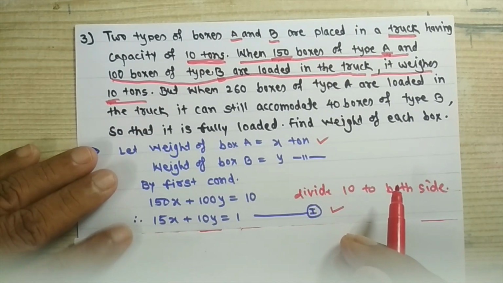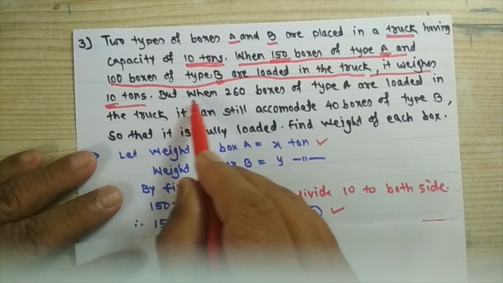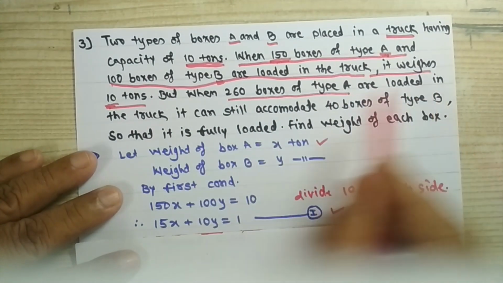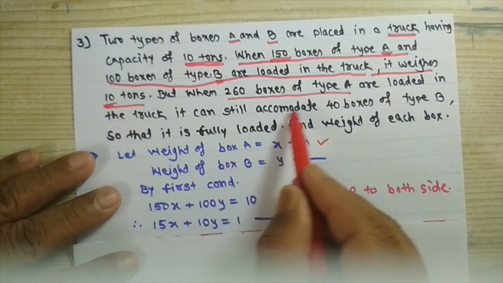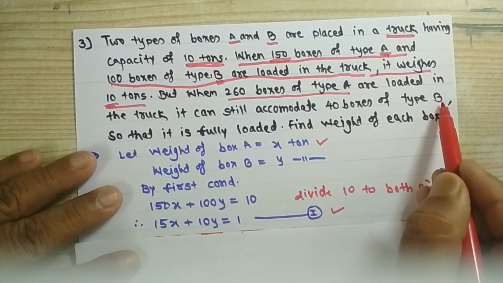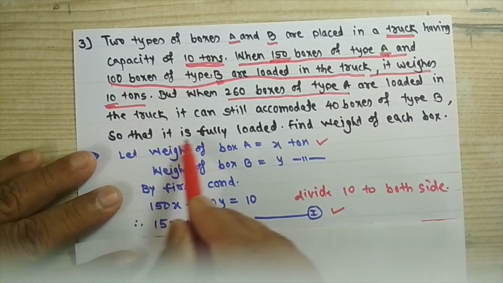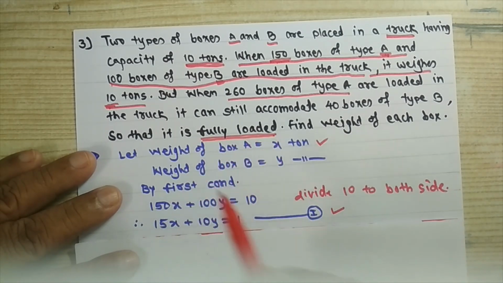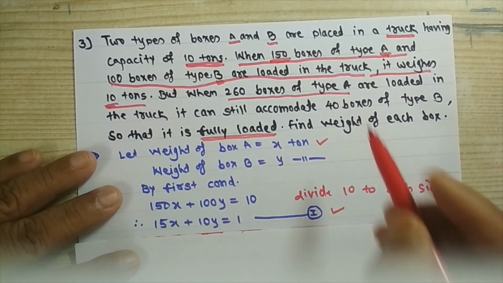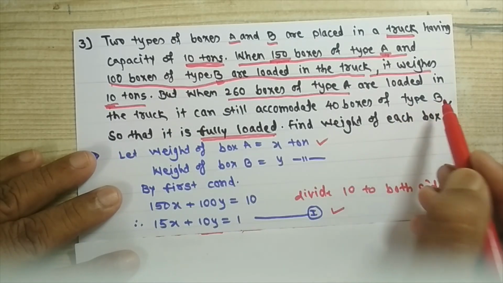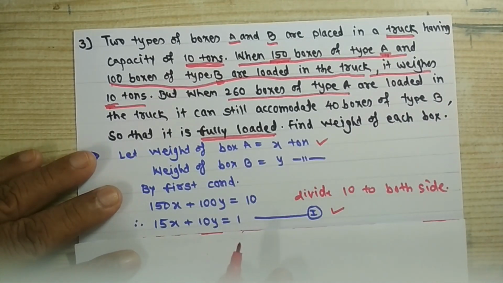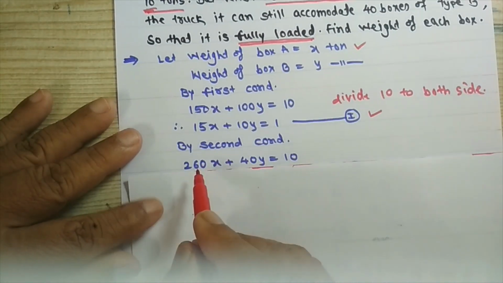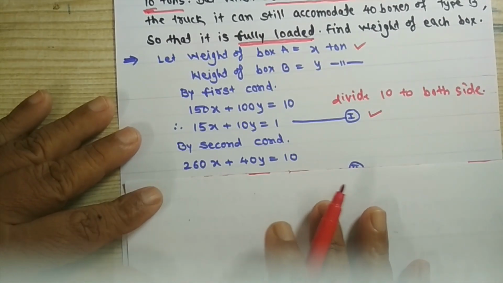Now the second condition: when 260 boxes of type A are loaded in a truck, it can still accommodate 40 boxes of type B, so that it is fully loaded. Fully loaded means the capacity of that truck will be 10. By the second condition we write 260 boxes of type A means 260x.